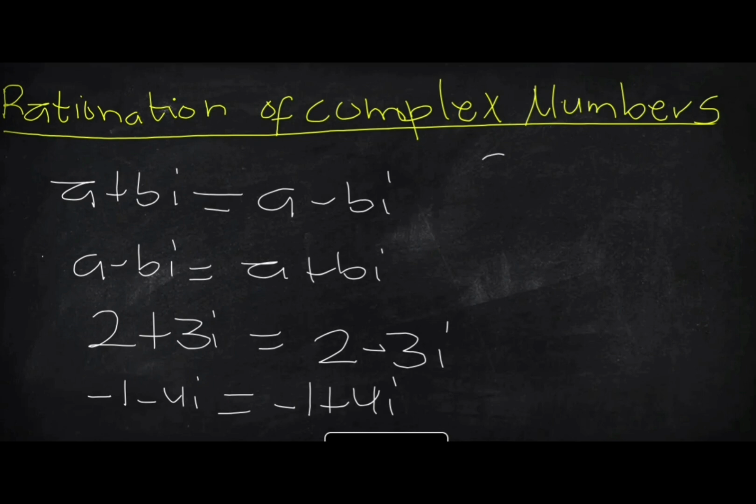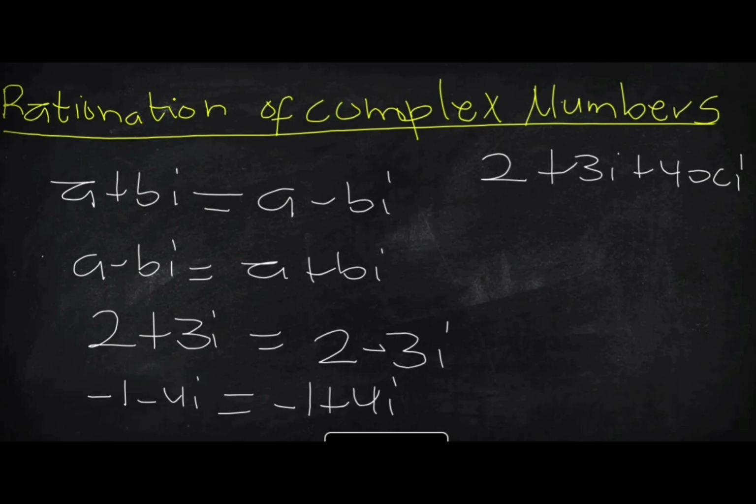Let's say we have 2 plus 3i plus 4xi. What is the complex conjugate of this?